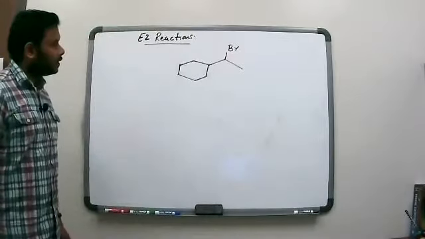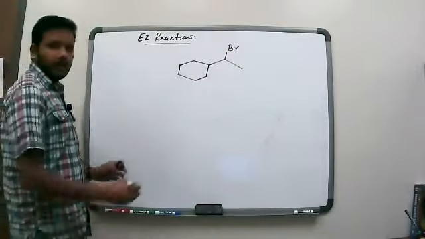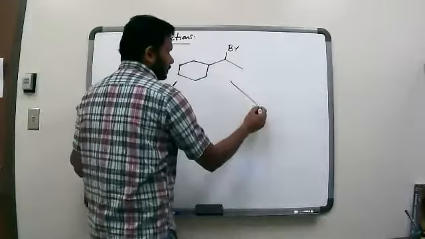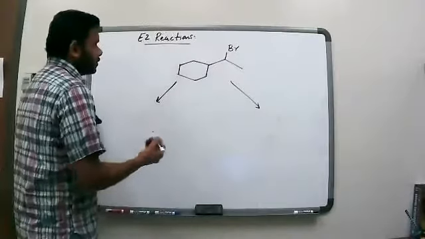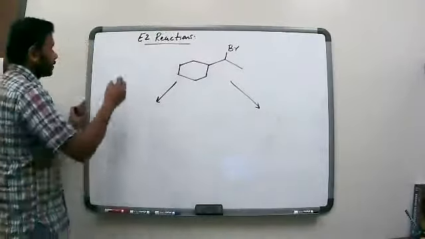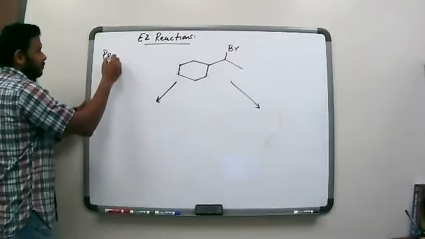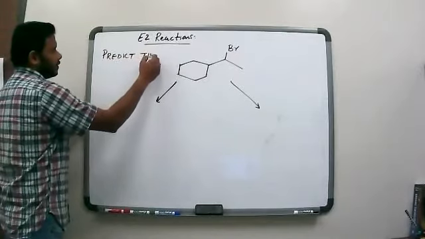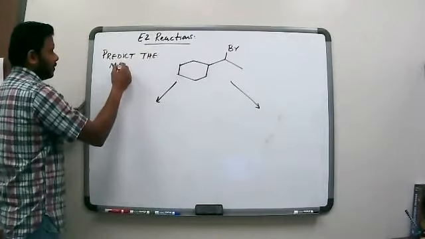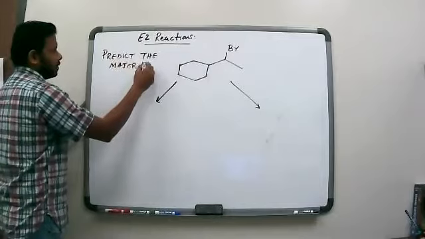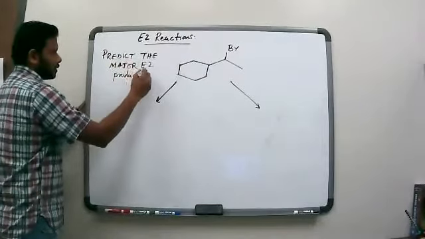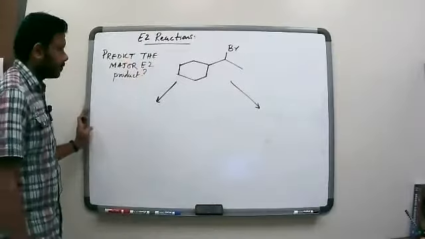Okay. And for this alkyl halide, you have two conditions given. And what you have to do is write the major product. Okay, that is what we're doing here. Predict the major E2 product.